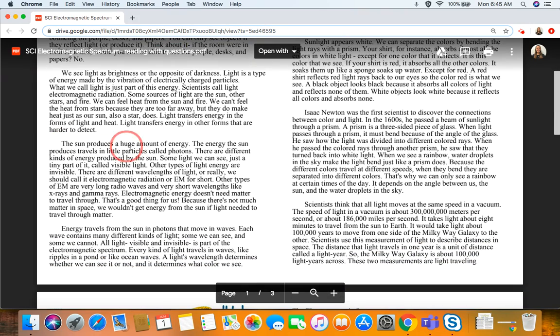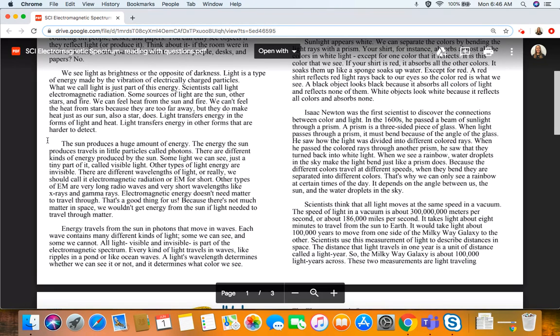Next paragraph, right here. The sun produces a huge amount of energy. The energy the sun produces travels in little particles called photons. There are different kinds of energy produced by the sun. Some light we can see, just a tiny part of it, called visible light.